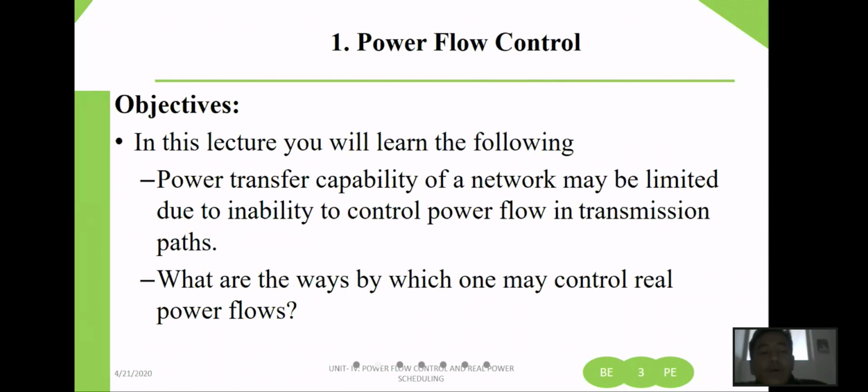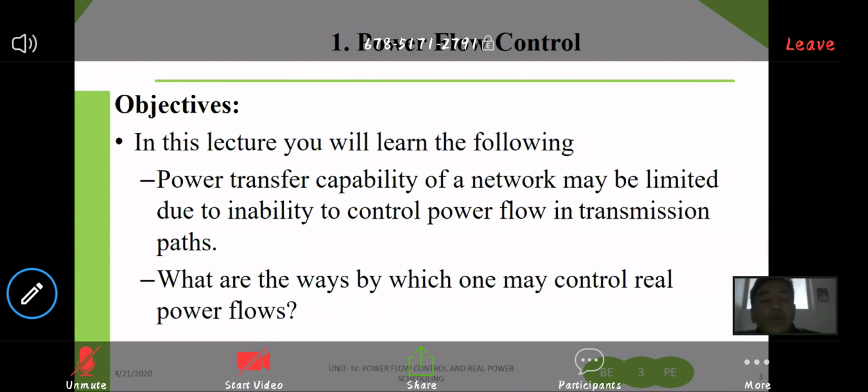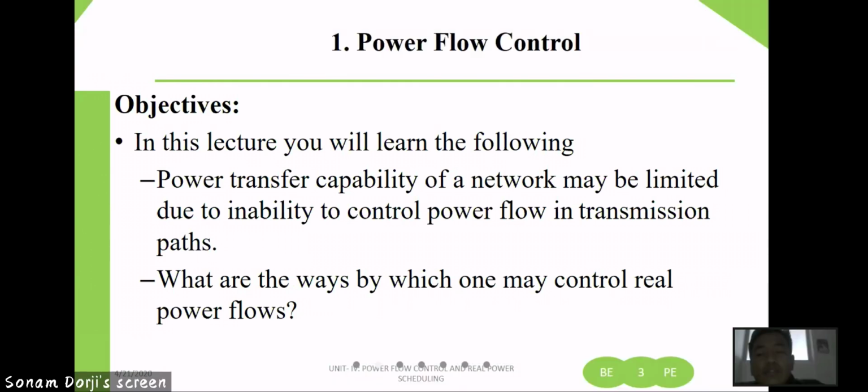We'll see how the power transfer capability of a network may be limited if you are not able to control the power flow. Then another one is what are the ways by which one may control real power flows. If you know these two objectives, then today's lecture will be a successful one.